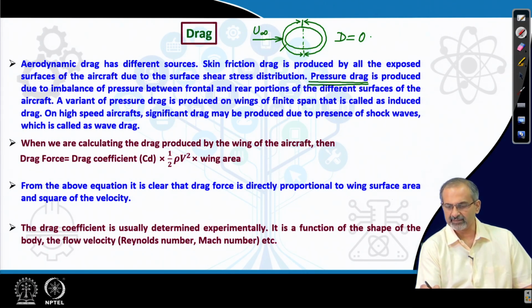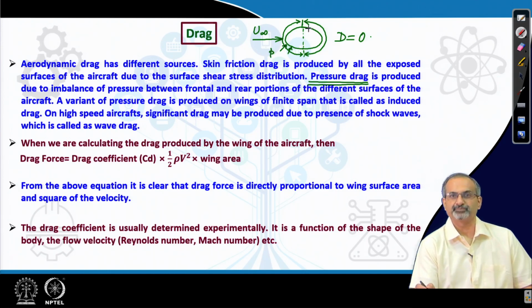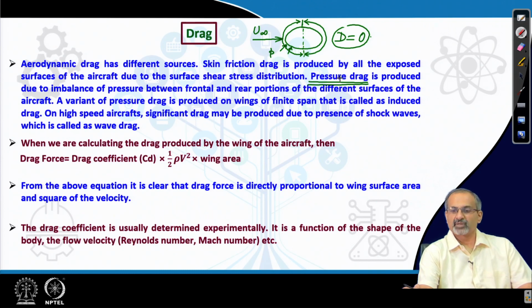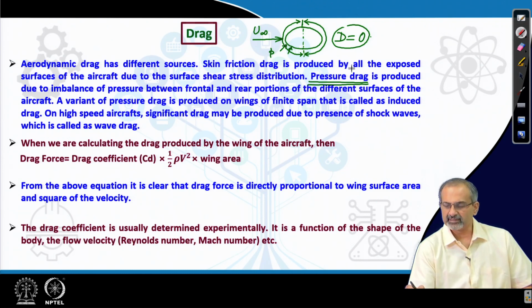So, this we are saying based on the pressure distribution on the body. If the pressure distribution is symmetric about this vertical axis of symmetry of the body, then it ends up producing no drag from the pressure side. However, if there is an imbalance, there would be a pressure drag created.